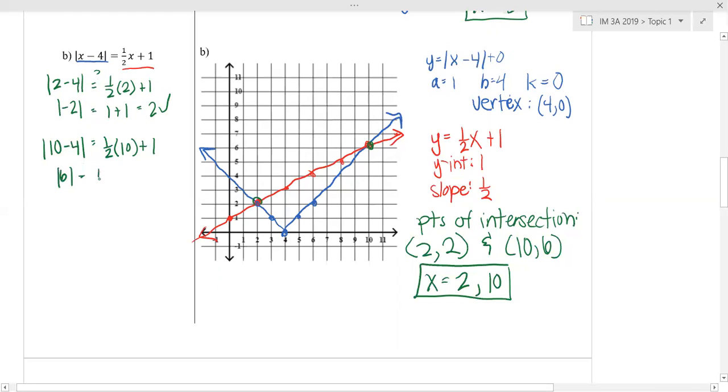And then 1/2 of 10 is 5 plus 1. And so we can see that both of those values equal 6. So that's how we solve an equation by graphing. We graph each line individually, and then we find the x coordinates of their points of intersection, and that is the solution to the problem. We can check if we're worried about our answer.